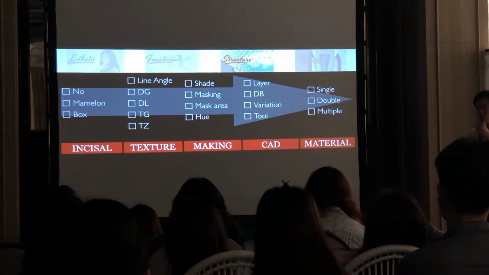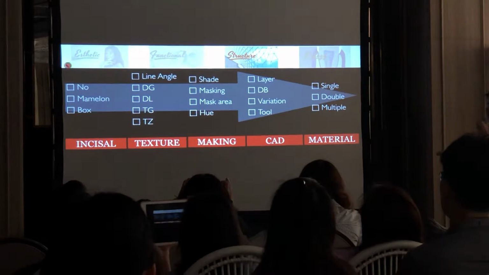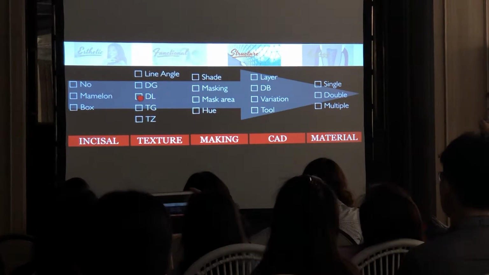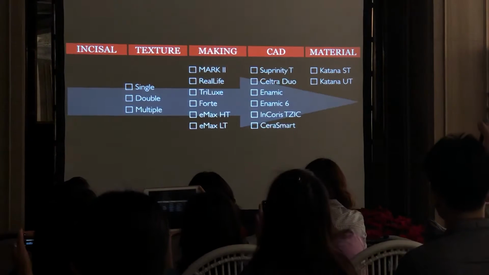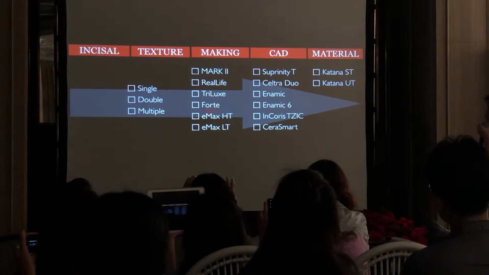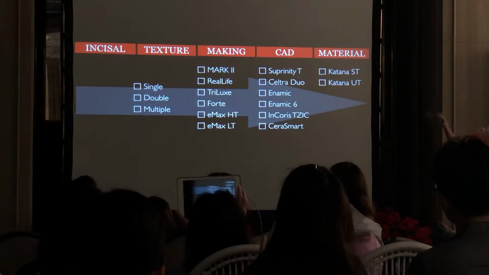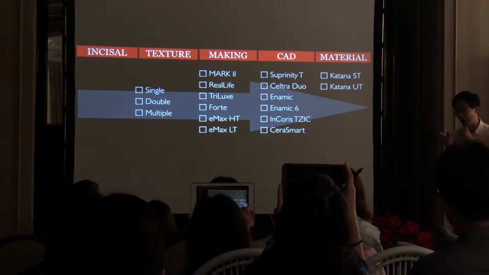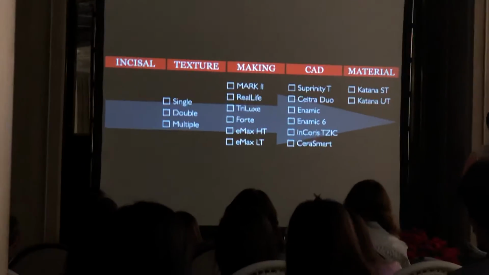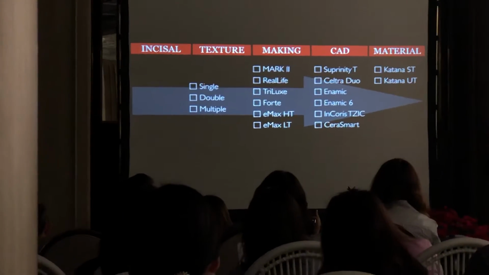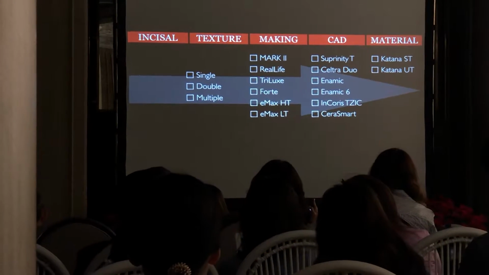And then, finally, in these 5 steps, I go from incisal edge, texture, masking, CAD, and material, and then I can choose which brand. This is not a quick link. You can't just say, oh, this tooth, Chalice. No, I need more information, but the whole process, I'm talking about all the detail to you.